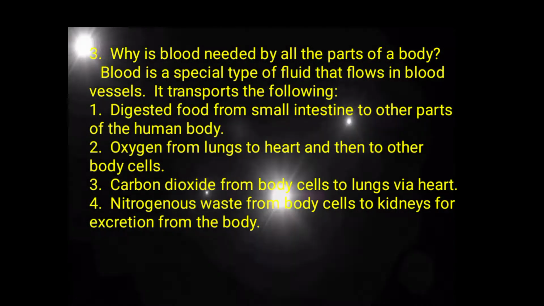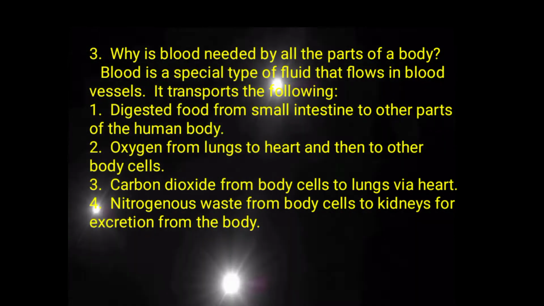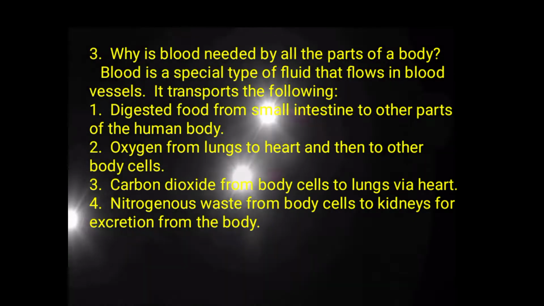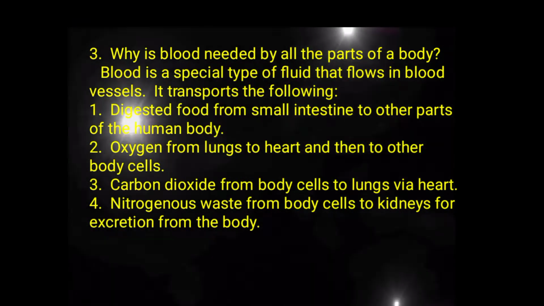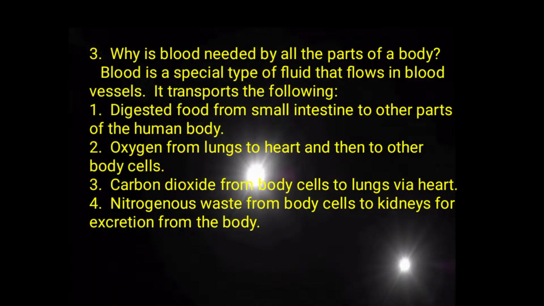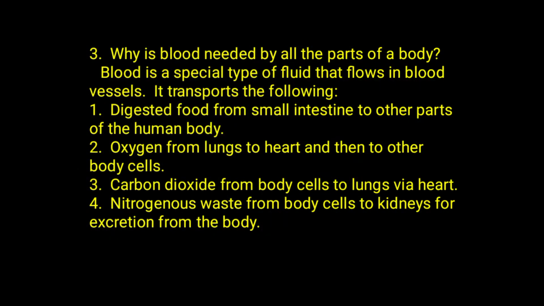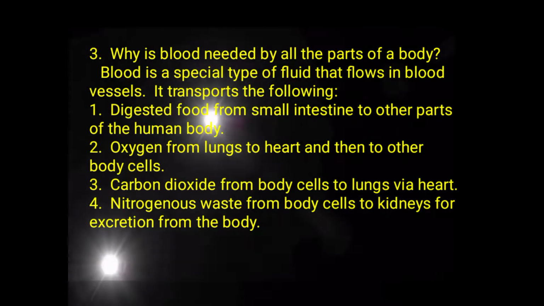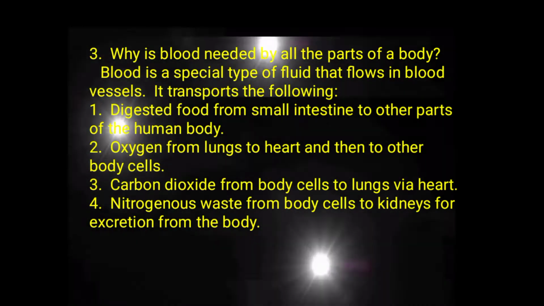So what does the blood carry? Blood carries the digested food from the small intestine to the other parts of the human body. The first point is that the blood carries the digested food from the small intestine, that is from your gut, to the other parts of the human body. The second point is oxygen from lungs to heart and then to the other body cells.